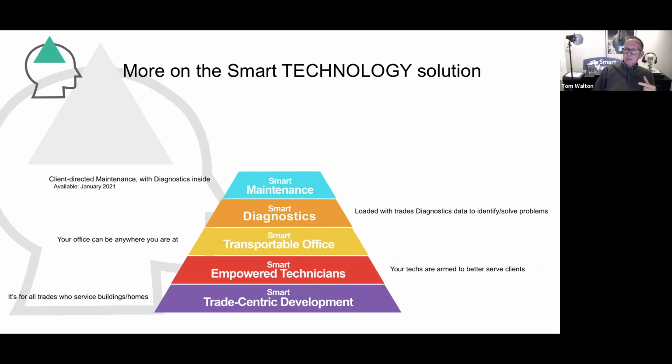Now, smart maintenance is a manifestation of smart diagnostics. Smart diagnostics comes when you get a call, they say I'm hot, and you send a tech out on a single event, a single service call, and they use diagnostics to find and justify the actions you're going to take with the client. Maintenance is if you have, for example, 4 service calls a year with filters and planned maintenance.